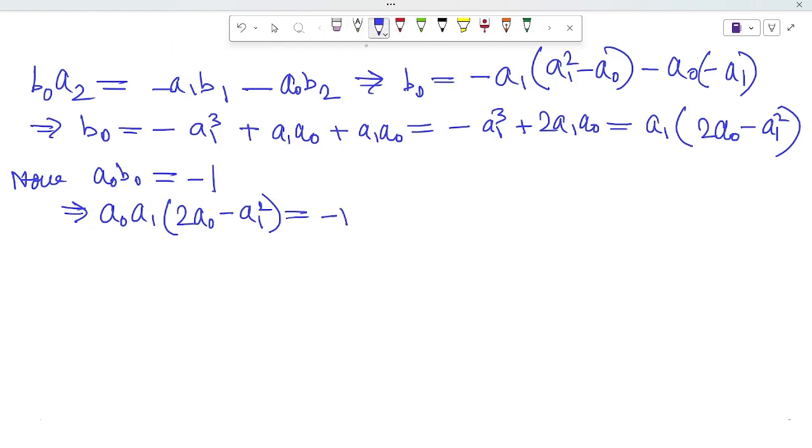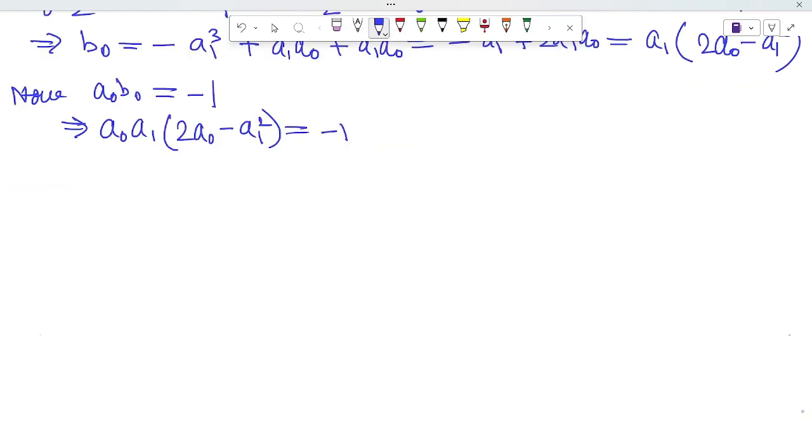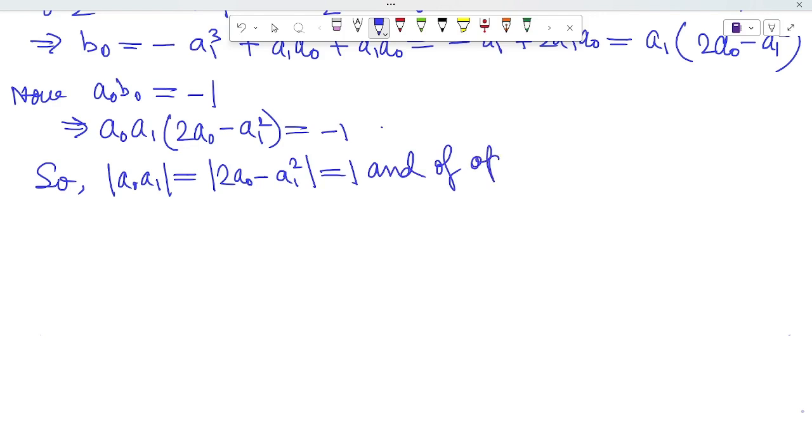About the sign, we will consider later, but they will be of opposite sign, obviously. So the modulus of A0 A1 equals the modulus of (2A0 minus A1 square), both are 1 and of opposite signs.